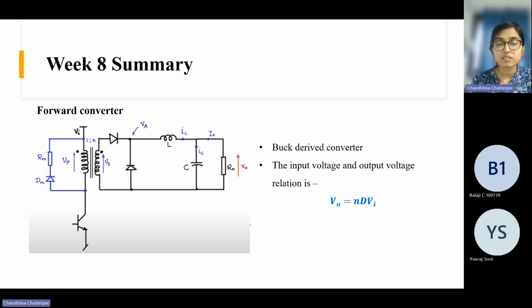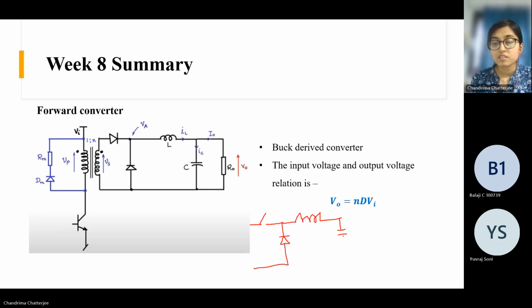So the buck converter circuit was like this. Here there will be one semiconductor switch, and here one inductor, and here we had one diode, then in the output we had a capacitor, and then here we had the load.